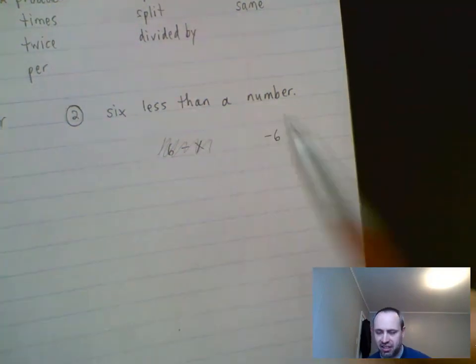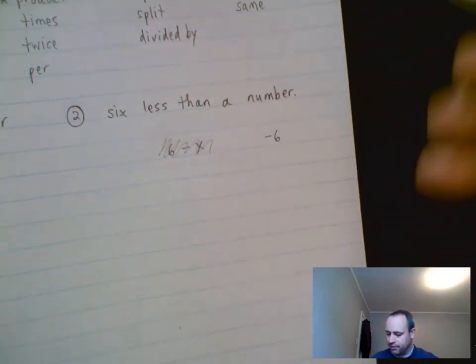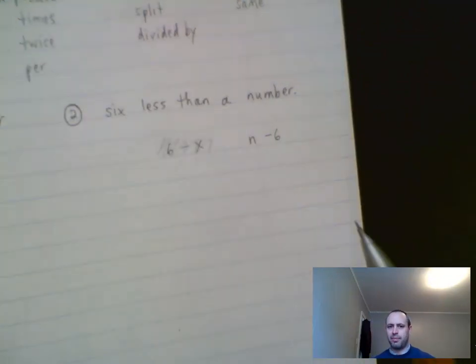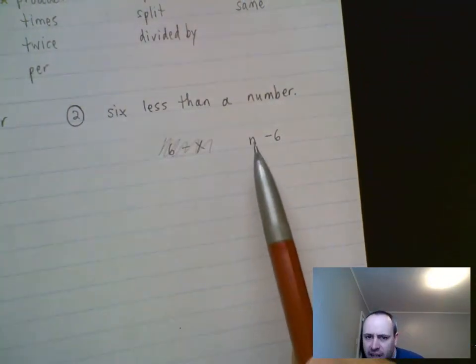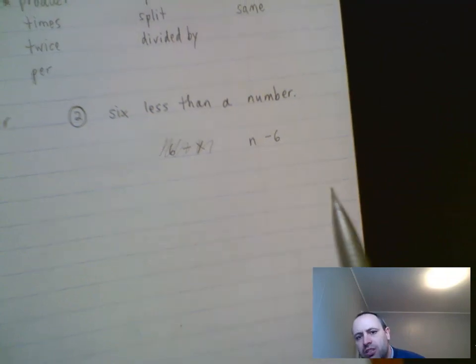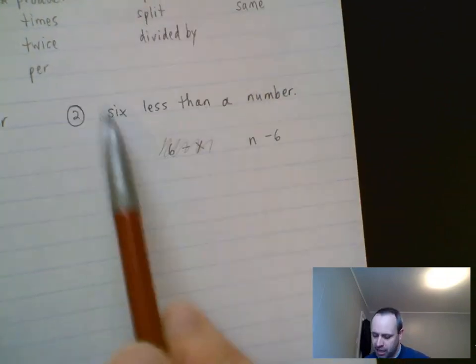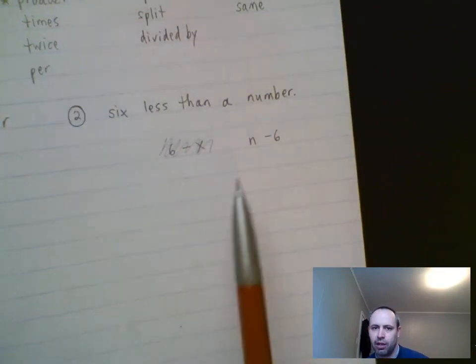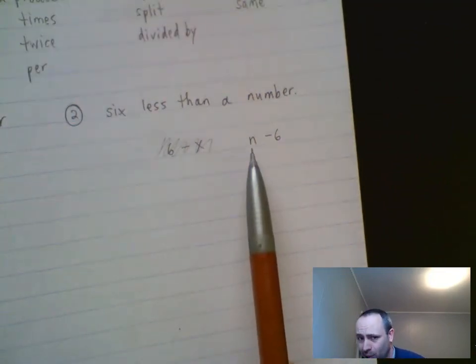So 6 less than a number, you'd have to take a number like, say, n. Last time I made it x. Now you may say, Mr. Hussey, that's not a number, it's a letter. Okay, I do see what you're saying, but we're talking about 6 less than something. When it says a number, they're not giving us the number, so we have to put a letter to represent that.